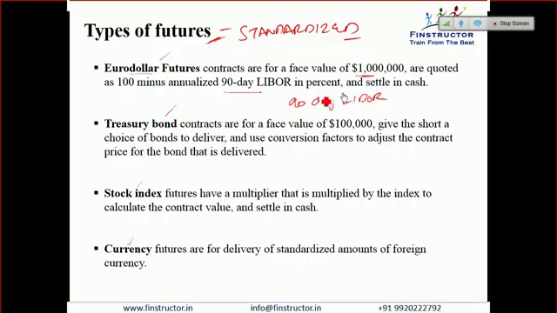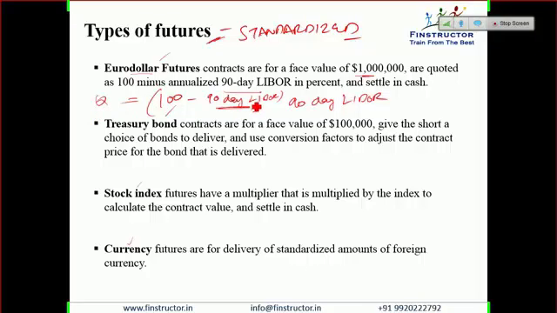If you're negative on the rate, you can long, because the quote is 100 minus the 90-day LIBOR. Different parties will give a quote, and on the settlement date, the 90-day LIBOR will decide the payoff.